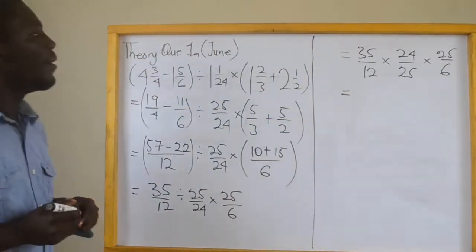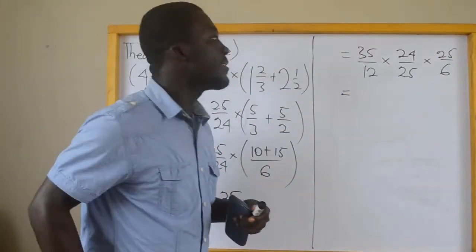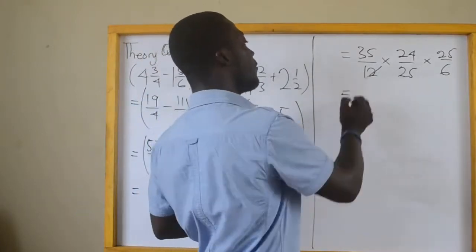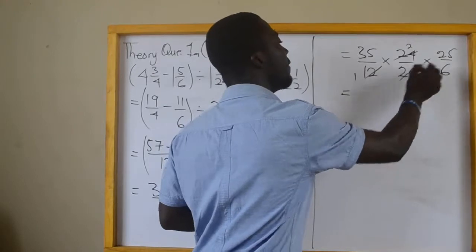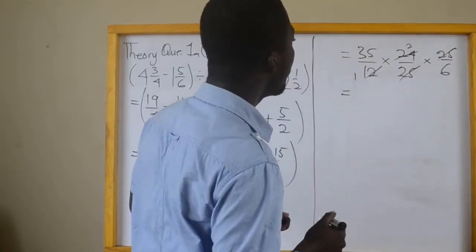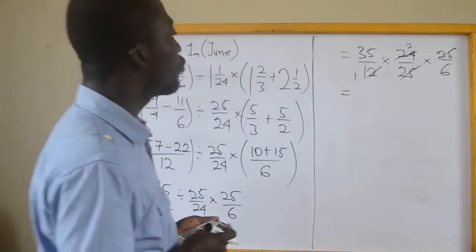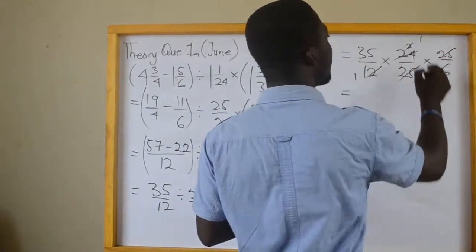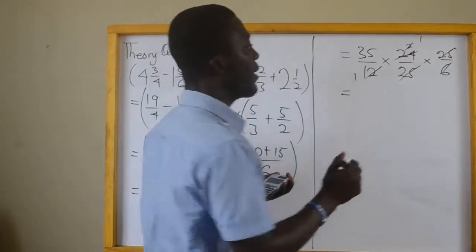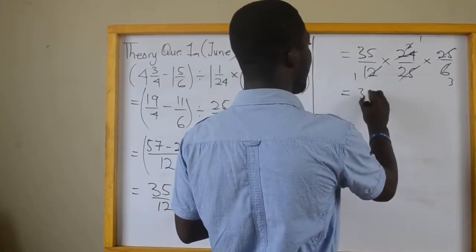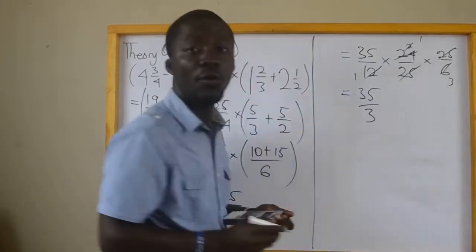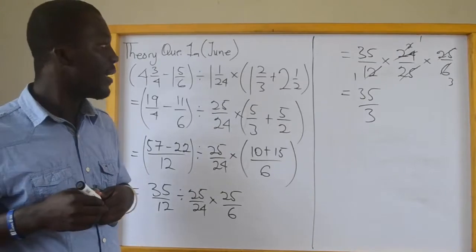So let's try and cancel out. 12 goes into itself once, into 24, 2. 25 can cancel 25. Then 2 goes into itself once, 2 into 6 is 3. So we are going to get 35 over 3.